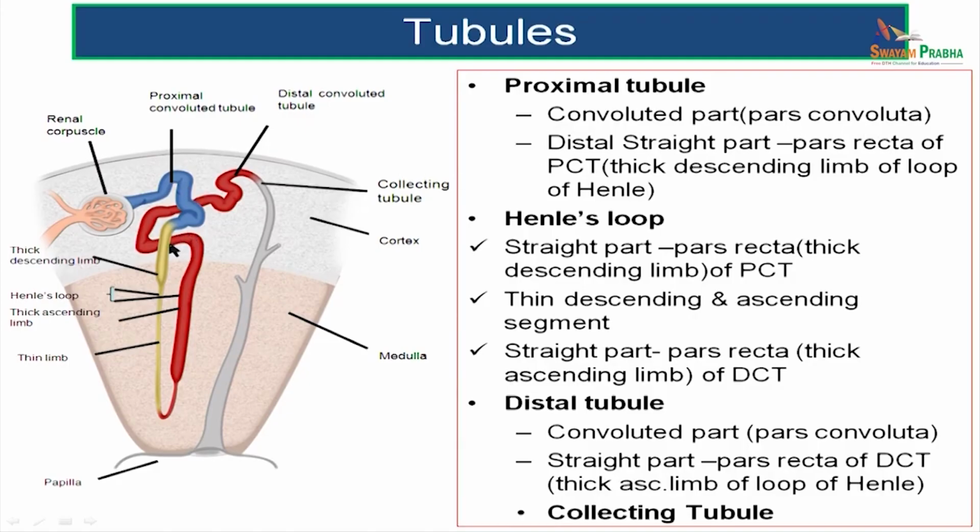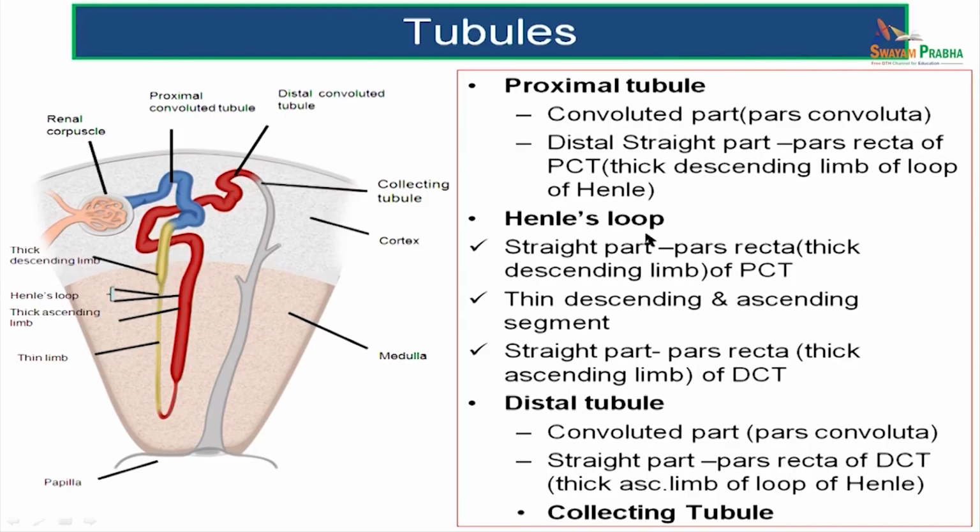It has got a distal part which is called as the pars recta of the proximal convoluted tubule, which is also called as the thick descending limb of loop of Henle. So, proximal tubule has got pars convoluta solely in the cortex and a straight part pars recta of proximal convoluted tubule, which descends from the cortex into the medulla.